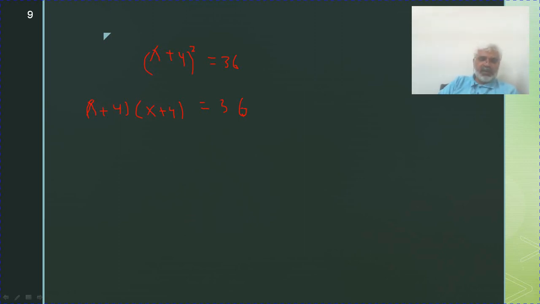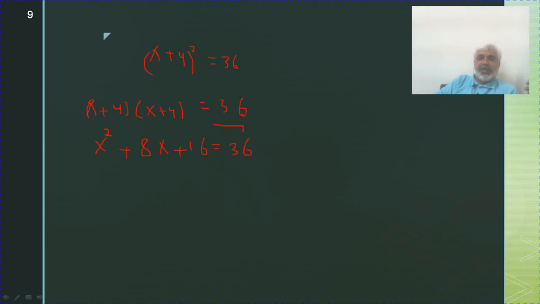If you multiply this, we learned how to multiply them, you will find that this is x squared plus 8x plus 16 equals 36.